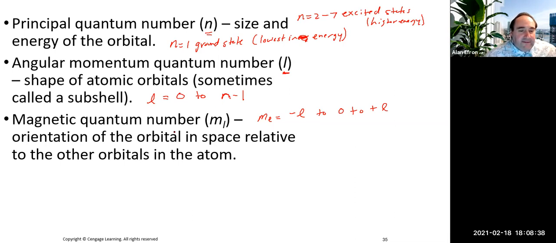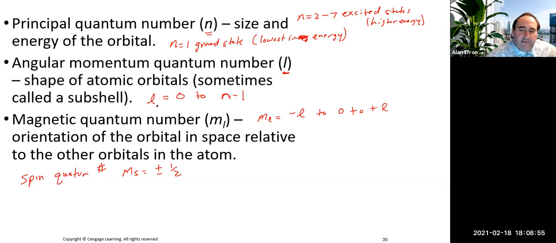There is the fourth quantum number, which I think is on the next slide, but I'll put it here. It is the spin quantum number. The spin quantum number, ms, can have a value of plus or minus 1/2.